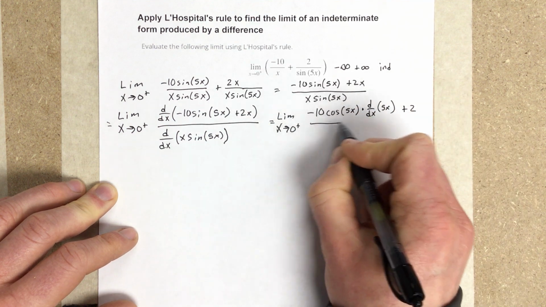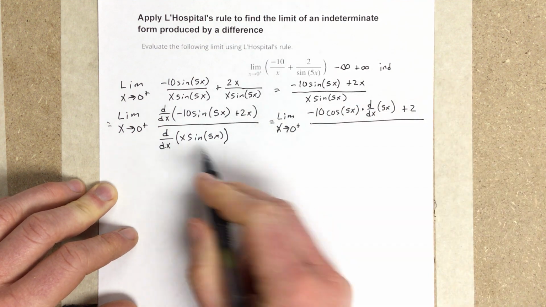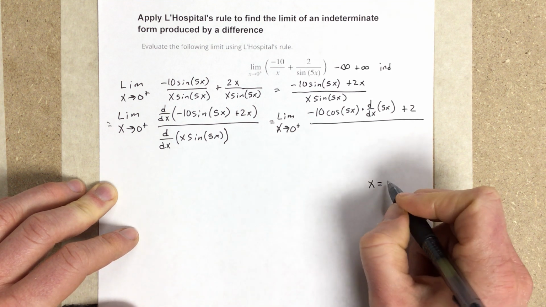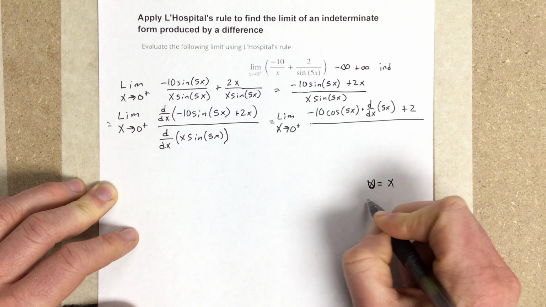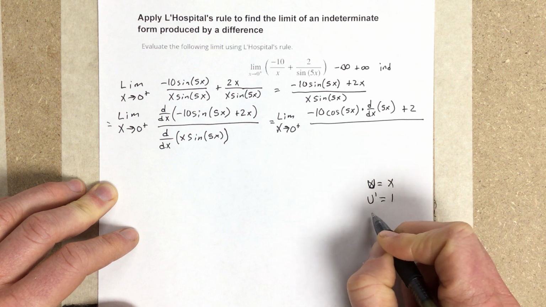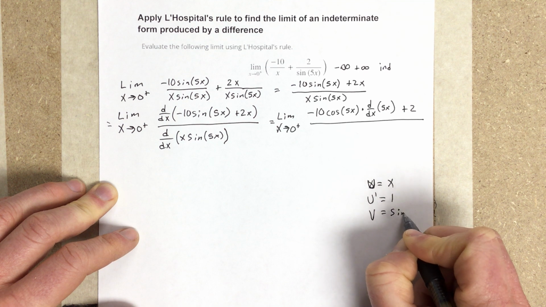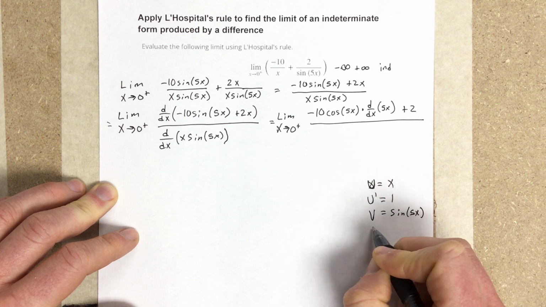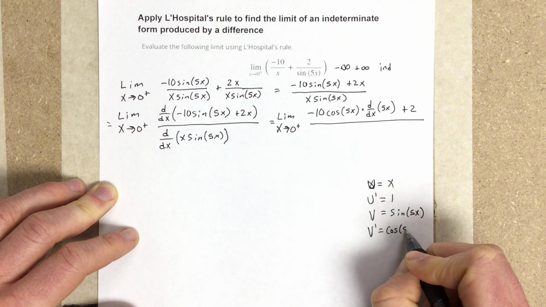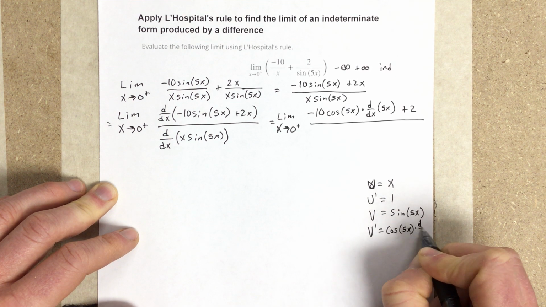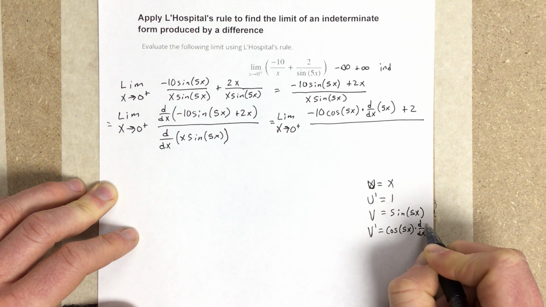and derivative of 2x is 2, so I get plus 2, divided by, I have to use the product rule here, so we're going to say u is equal to x, u prime is 1, v is sine 5x, and v prime would be cosine 5x times the derivative of 5x.